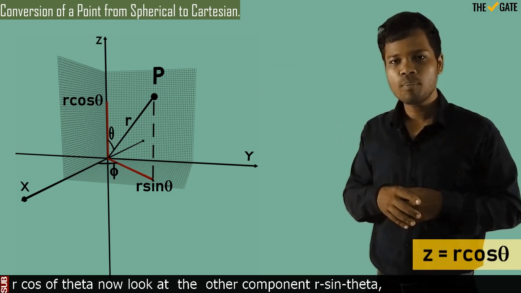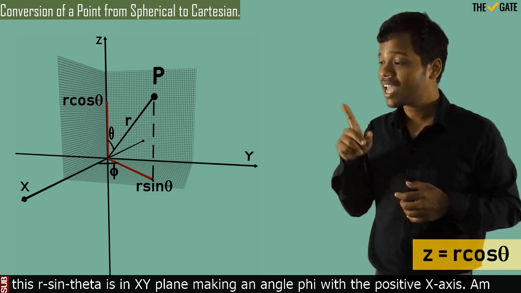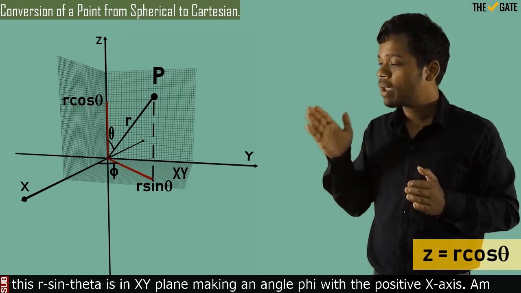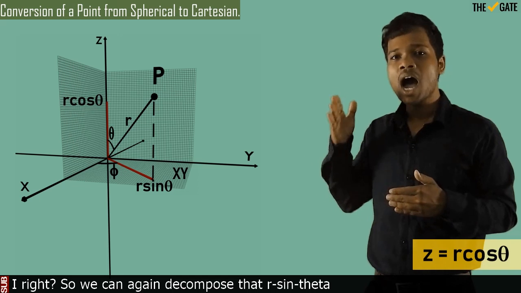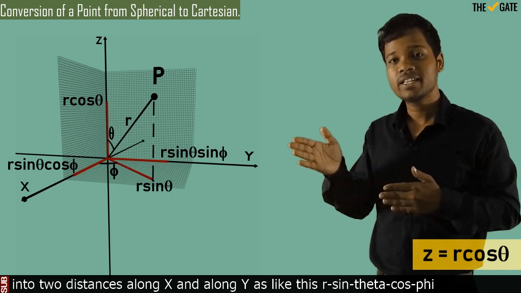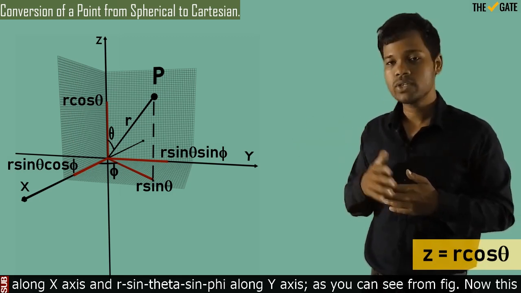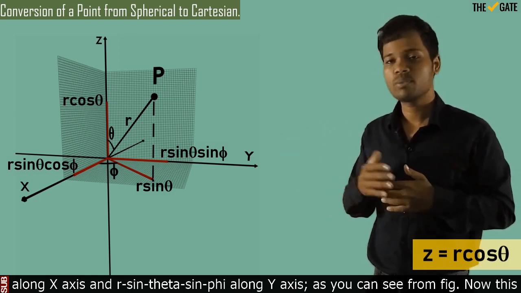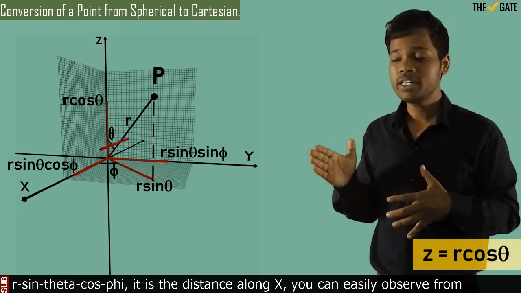Now look at the other component, r sin theta. You can easily observe from the figure, this r sin theta is in the xy plane, making an angle phi with the positive x-axis. Am I right? So we can again decompose that r sin theta into two distances along x and along y like this. r sin theta cos phi along the x-axis and r sin theta sin phi along the y-axis, as you can see from the figure. Now my dear, this r sin theta cos phi is the distance along the x-axis.